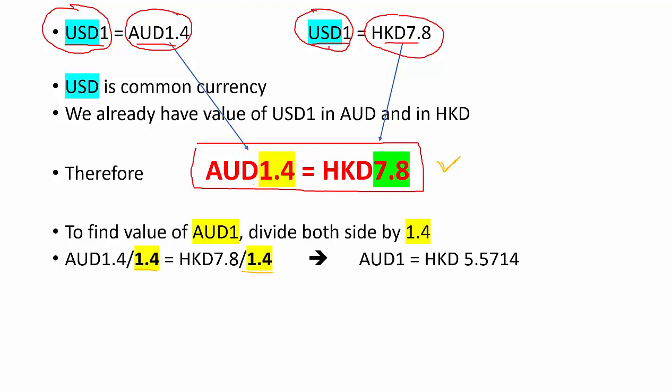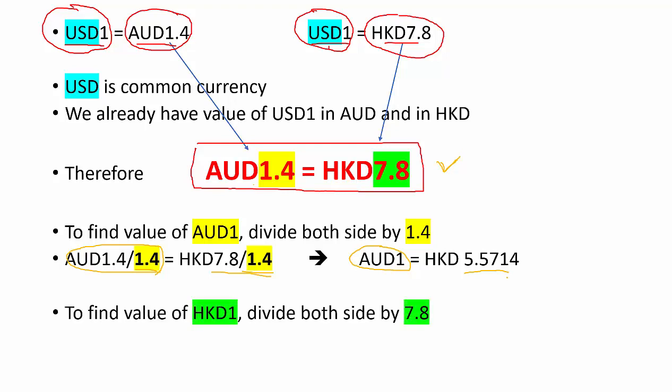So on the right hand side, it will turn into one Australia dollar. And on the left hand side, you do the calculation. It turned into 5.5714 Hong Kong dollar. So it is an exchange rate where one Australia dollar equals 5.5714 Hong Kong dollar. Okay.